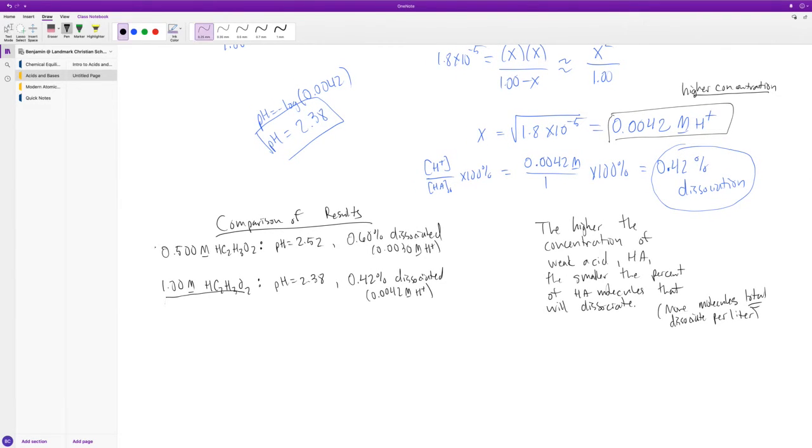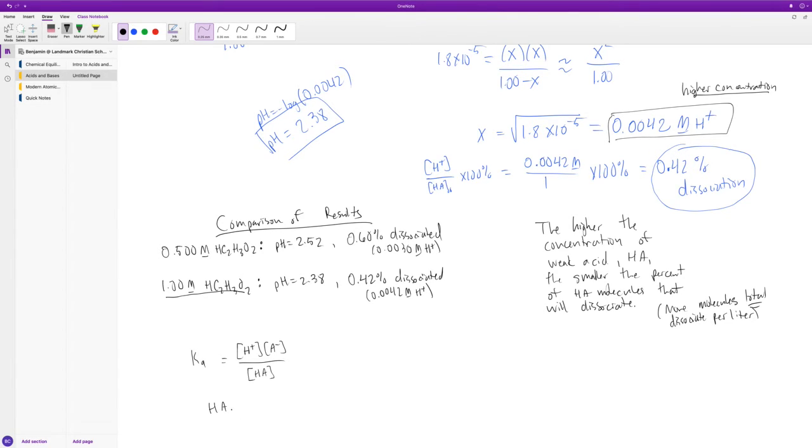Okay, the mass action expression, let's see, for your weak acid, H plus A minus over HA, and that's your Ka value.